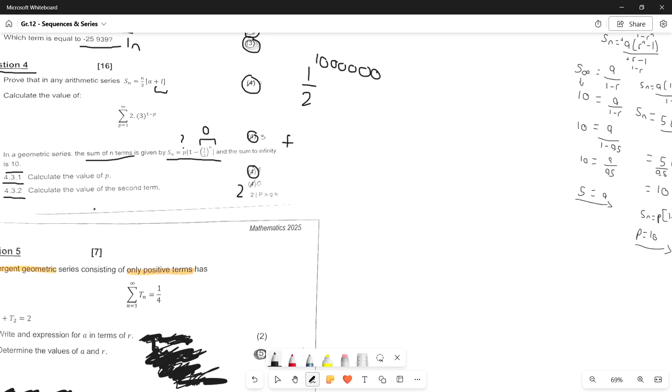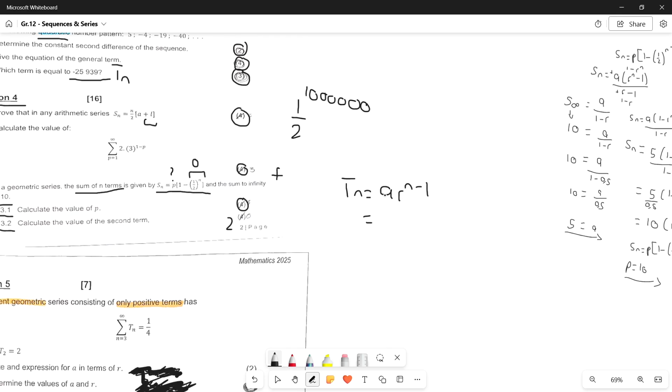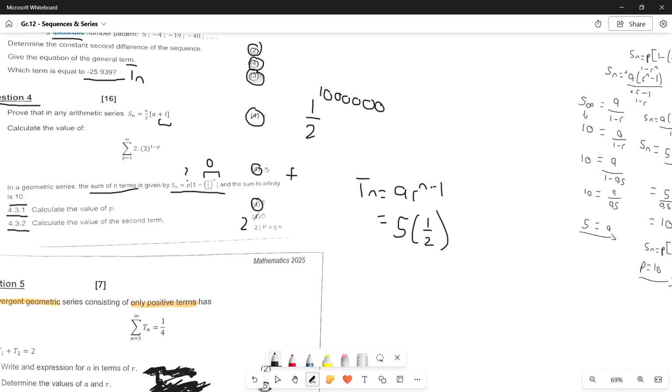And then doing everything else we did for 4.3.1 over here, but we worked out our a and our r already, so that means we can just rewrite them in our equation over here because they just want the value of the second term. And if we have a and we have r, we can get the value of our second term by plugging it into our sequence formula, because we calculated our value of a as 5 over there, our value of r we saw was 1 over 2, and then they want the value of the second term, which means n is the second term, so we plug in 2 over there minus 1, and this gives us 2.5 as the value for T2.